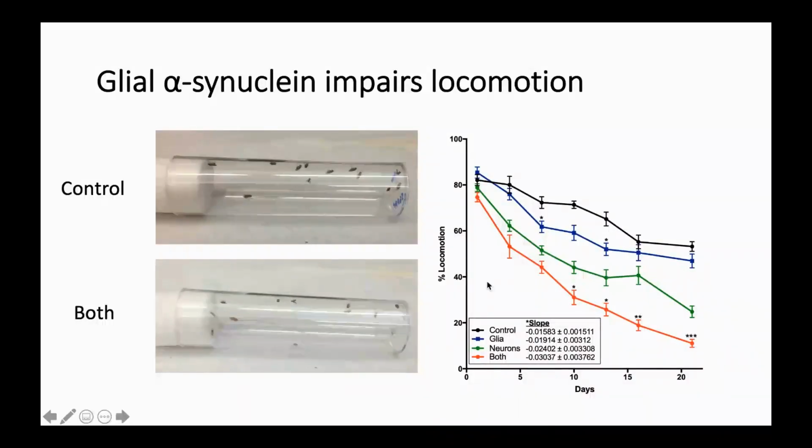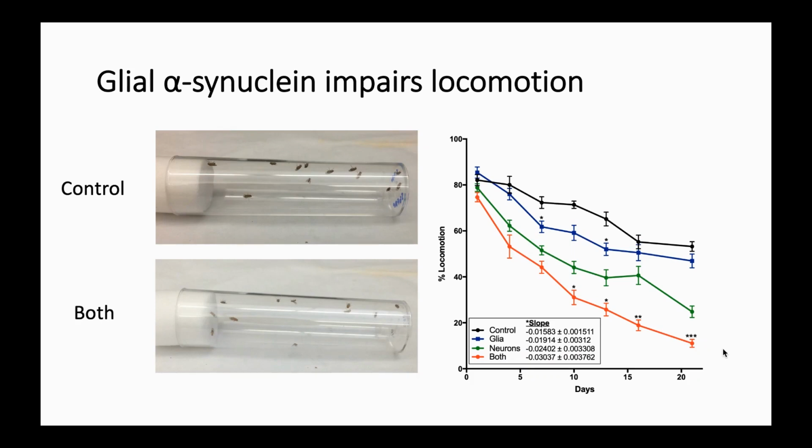This is graphed over time here, and you can see that with age, even control flies, shown in black, have some decline in this assay as they get older. Flies with glial alpha-synuclein have a steeper decline, flies with neuronal alpha-synuclein have a steeper still decline, and then flies with alpha-synuclein in both neurons and glia have a very steep decline.